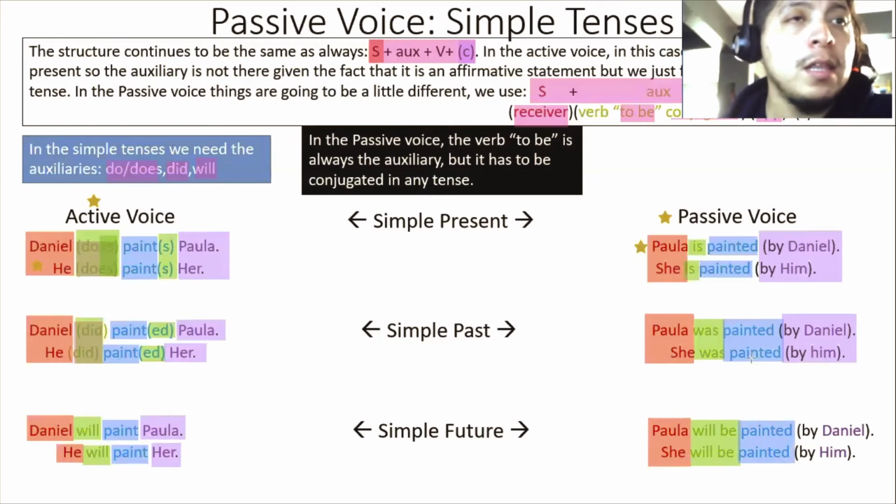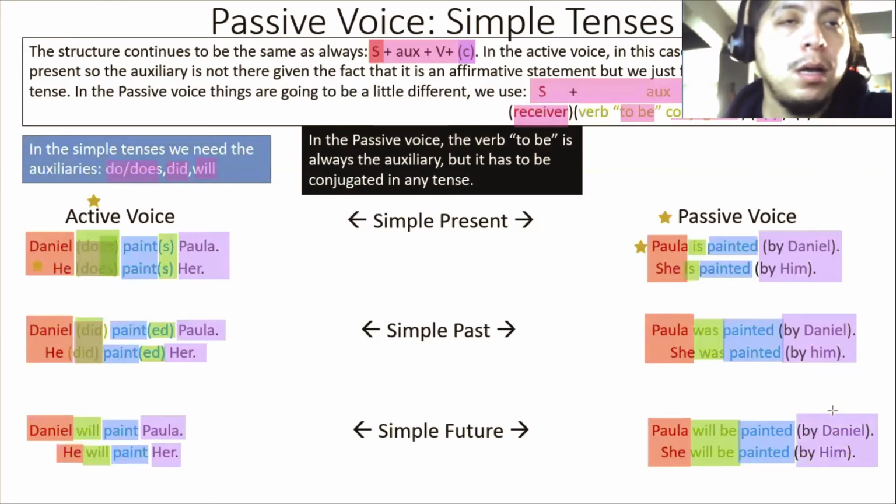And if we need a complement, we can use, for example, the agent. The agent is the person that was the doer of the action. In the active voice, Daniel was the doer of the action. He was the subject. In the passive voice, Daniel is the receiver of the action. So when we replace Daniel, we don't replace it with he. We replace it with him because he is the object, or well, the complement, not the subject.